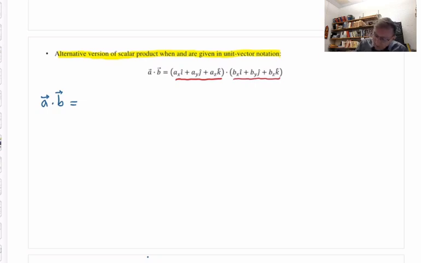For example, one of the terms you're going to get is a sub x times b sub x times, parentheses, i hat dot i hat. Where did that come from? Taking that term in the first vector, dot that term in the second. All right, that's what that is.